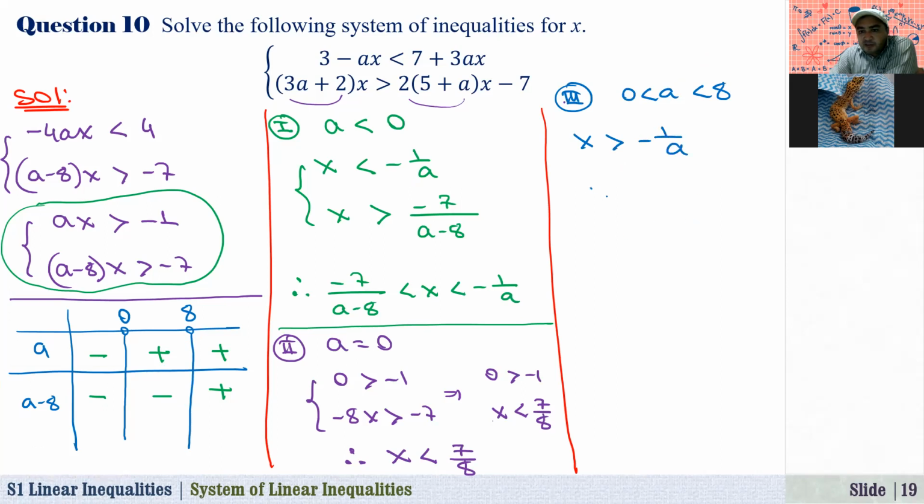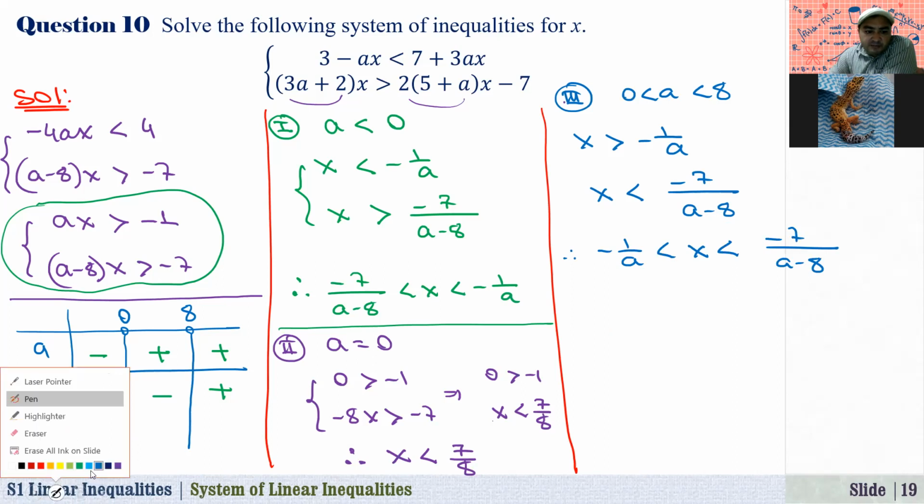The second one will be x is less than, because we are dividing by a negative number, minus 7 over a minus 8. Minus 1 over a is negative, and minus 7 over a minus 8 is positive, because a minus 8 is negative. So the answer will be minus 1 over a less than x less than minus 7 over a minus 8.